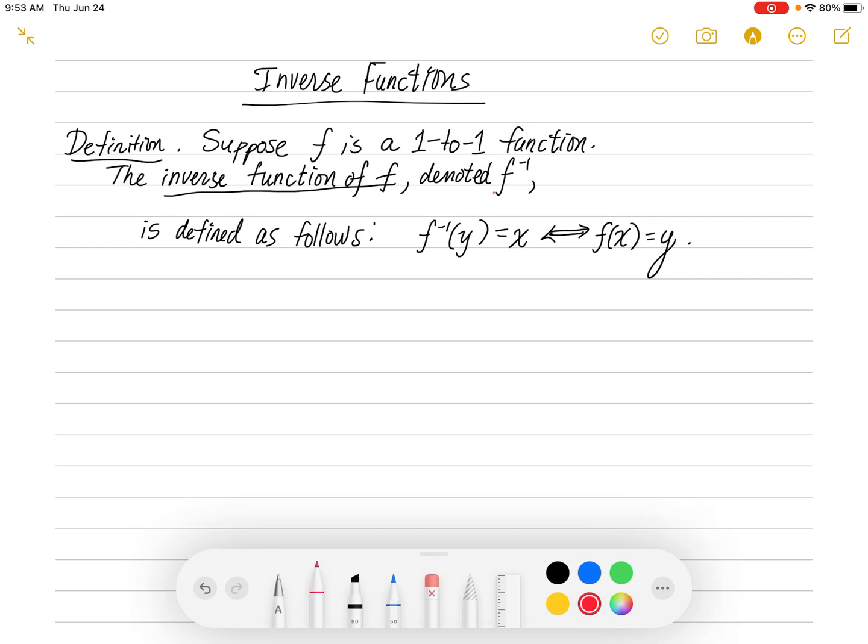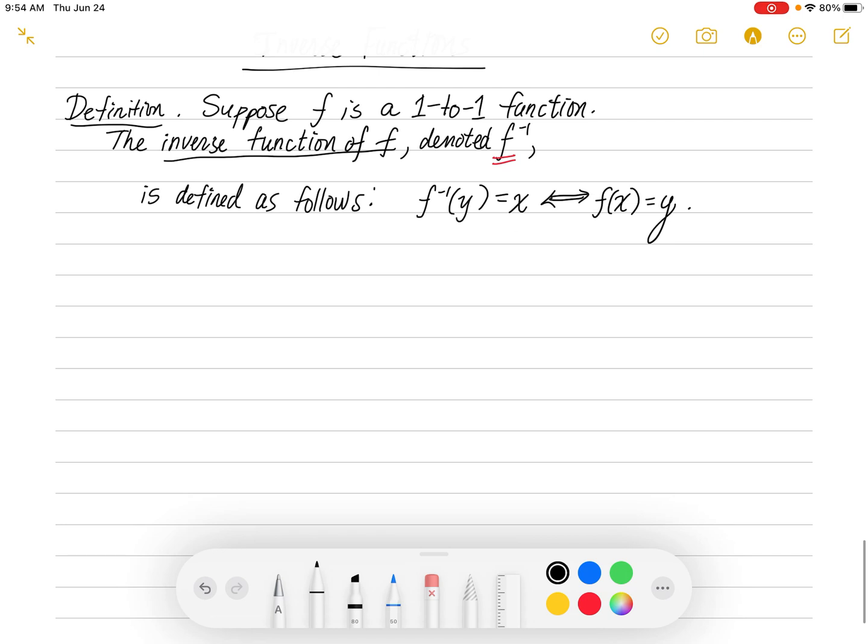The inverse function of f, we're going to call f with a little superscript -1 here. This thing I'm underlining in red, that's called the inverse of f. F with a -1 is called f inverse. That's defined as follows. F inverse of y equals x precisely when, that double arrow means precisely when, f of x equals y.